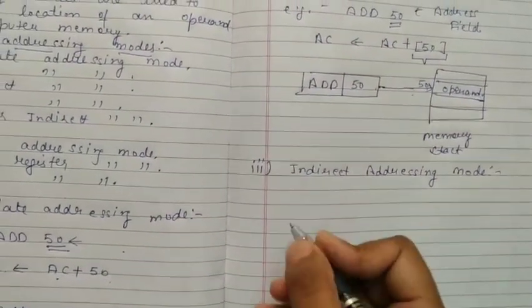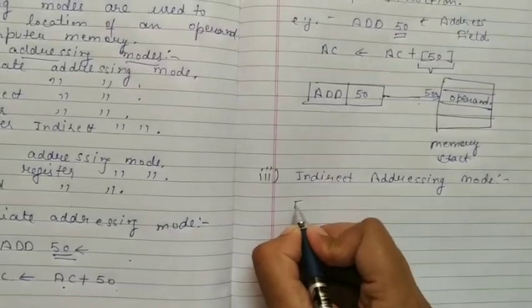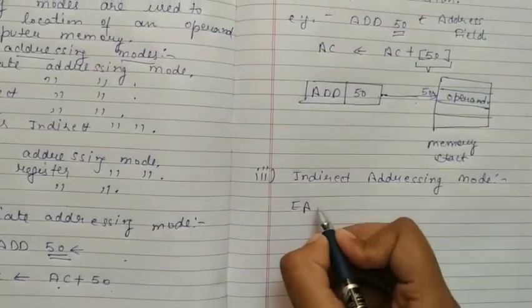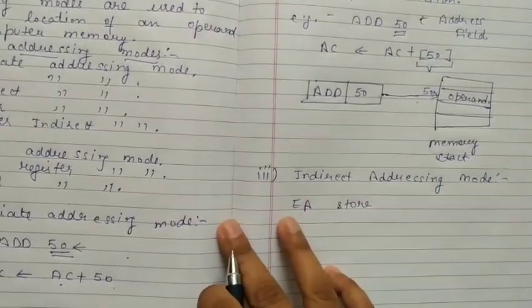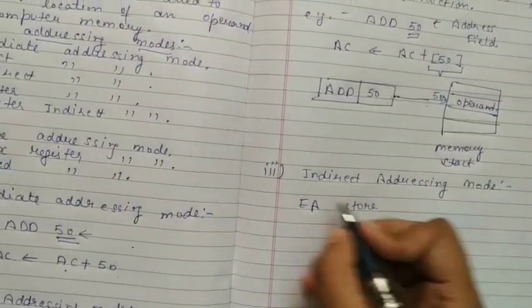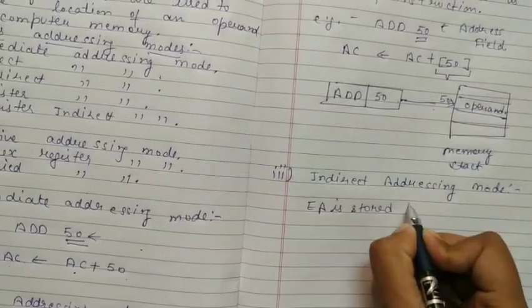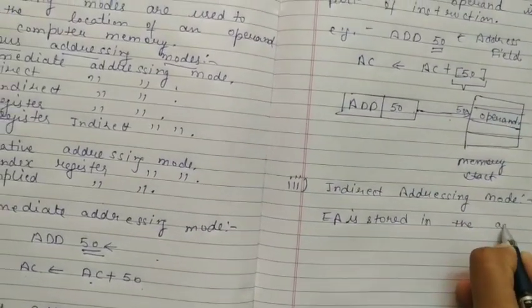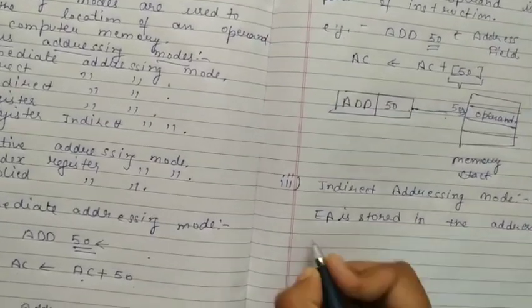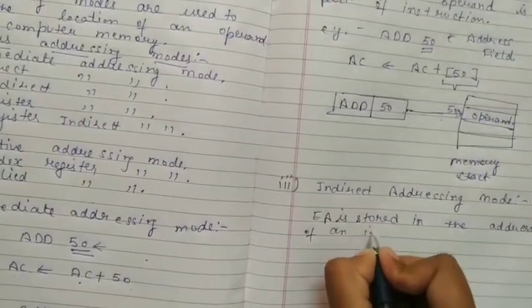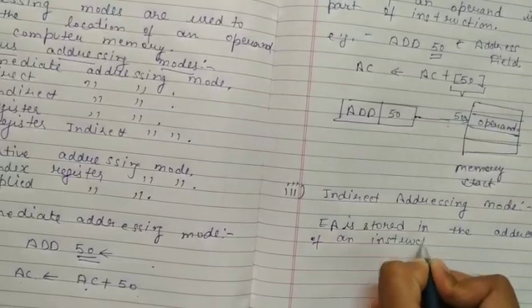Indirect addressing mode says that the effective address is stored in the address field of an instruction.